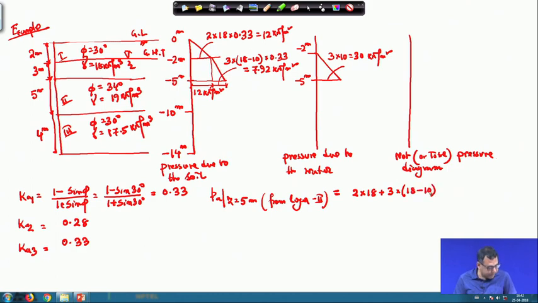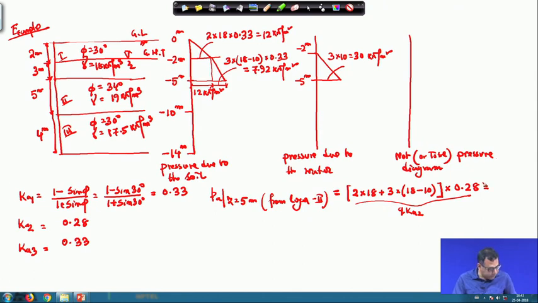That is the surcharge, and then that will be into 0.28, because that is the Ka 2. This portion is Q into Ka 2, and Q value is the effective overburden pressure coming from the first layer.